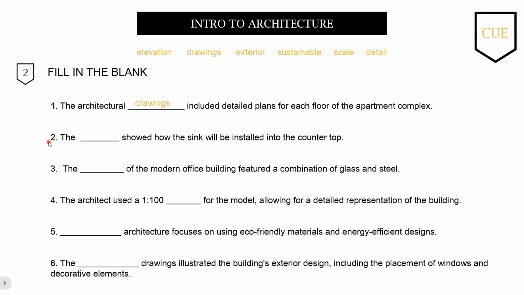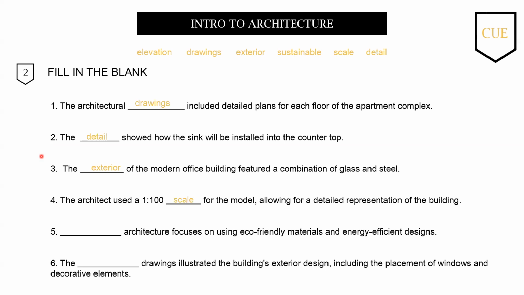Number 2, the detail showed how the sink will be installed into the countertop. Number 3, the exterior of the modern office building featured a combination of glass and steel. Number 4, the architect used a 1 to 100 scale for the model, allowing for a detailed representation of the building.